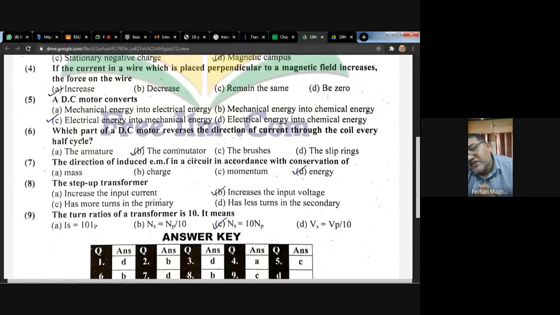See, it says the turn ratio of the transformer is 10.